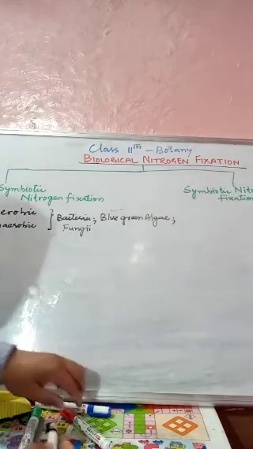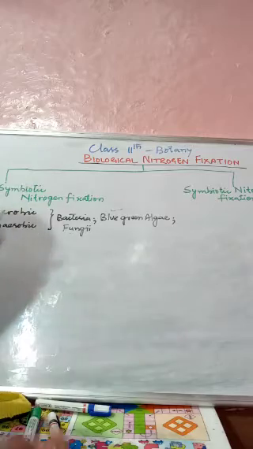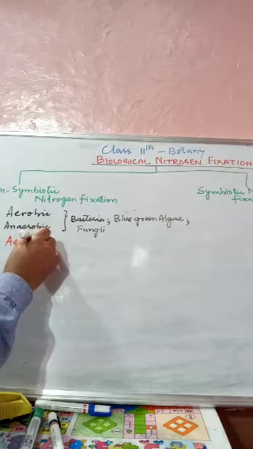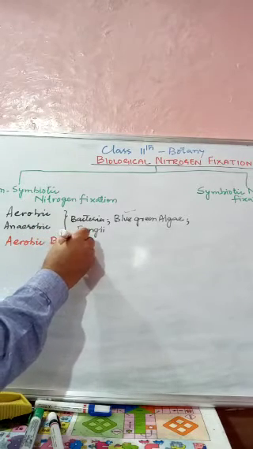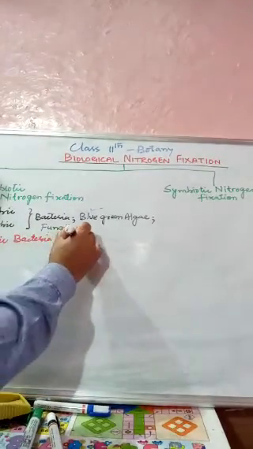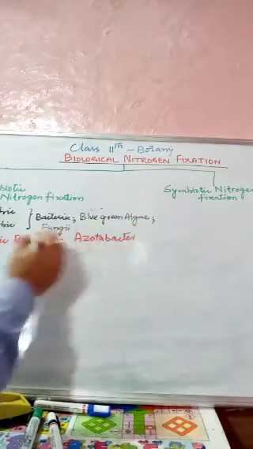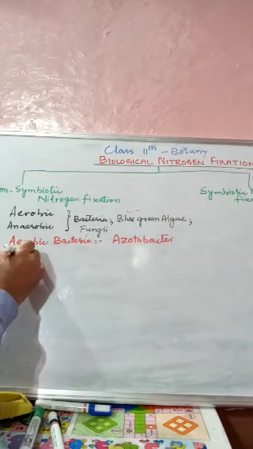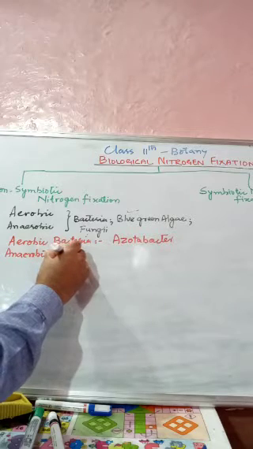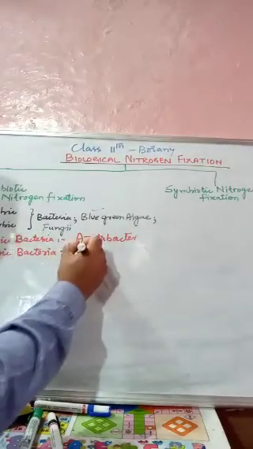Now I will give the examples of organisms which show this non-symbiotic nitrogen fixation. First, aerobic bacteria. If we talk about aerobic bacteria, it is shown by Azotobacter. Then we have anaerobic bacteria. It is shown by Clostridium.